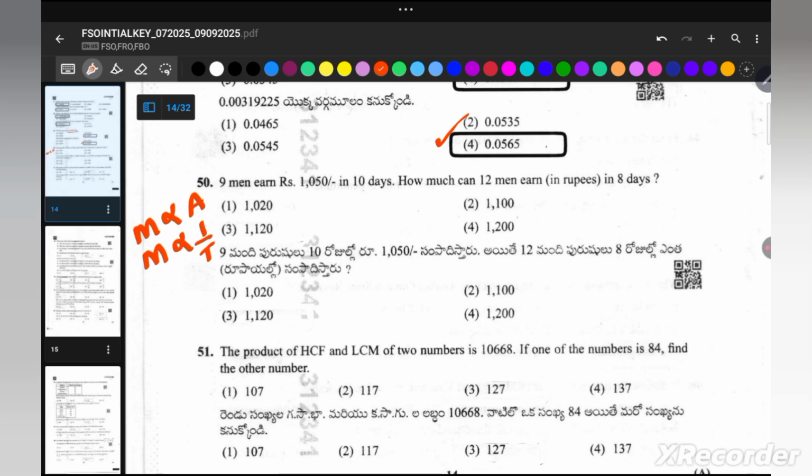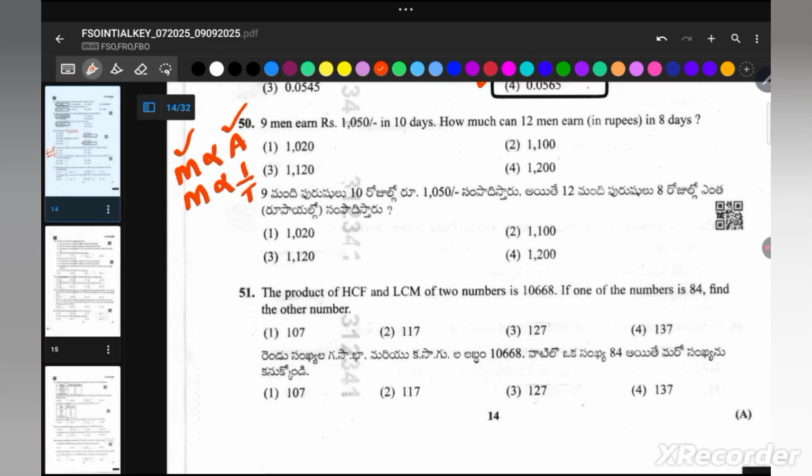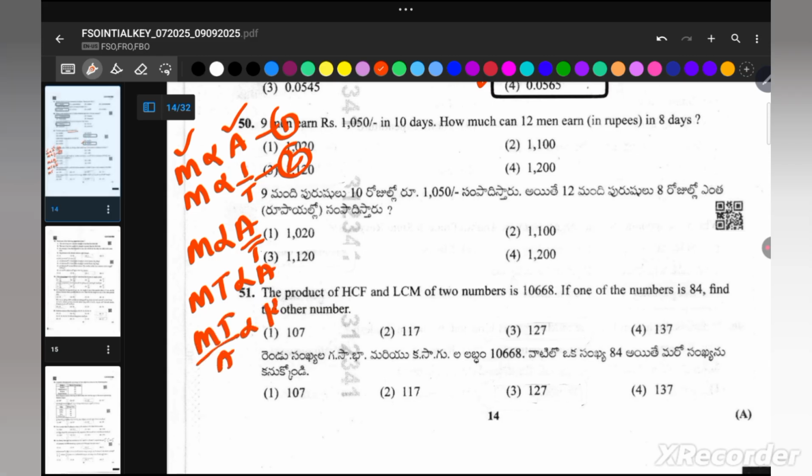That means if you take more men, you will need to give more amount of money. At the same time, if you have more men, the time will be reduced for the required work. So for these two, we can form M proportional to A by T, which further becomes MT proportional to A, and MT by A is proportional to a constant.